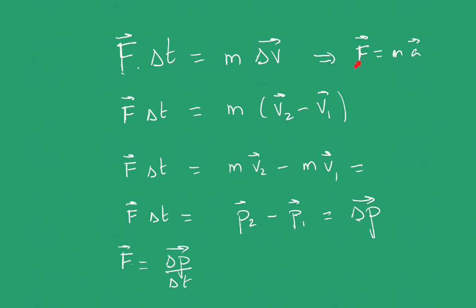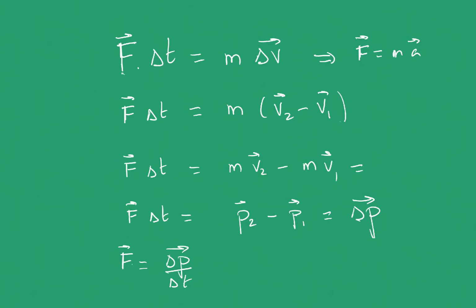So the force is always in the direction of the acceleration. You can also write this equation like this: the force acting during the time delta t is the mass by the change in the velocity, but the change in the velocity is the vector v2 minus the vector v1.